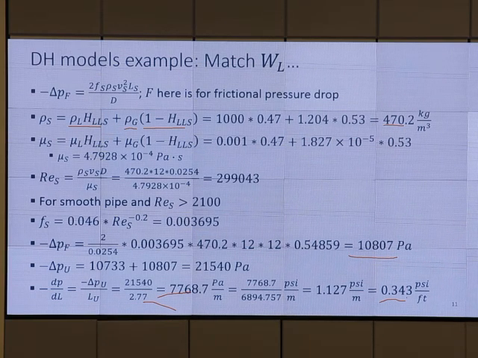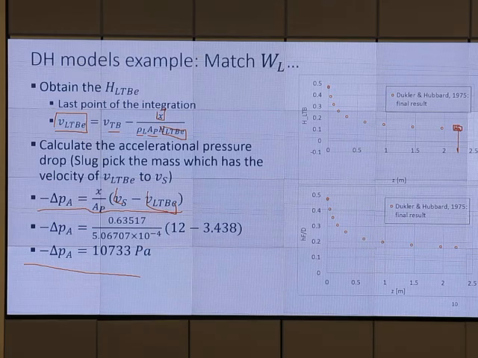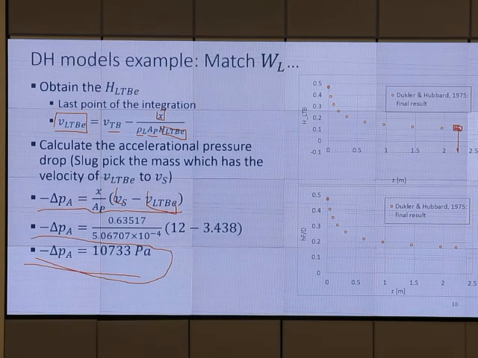Question? Good? You can do this, right? Your question? No question? Okay, I have a question. You see this acceleration pressure loss. What is missing?